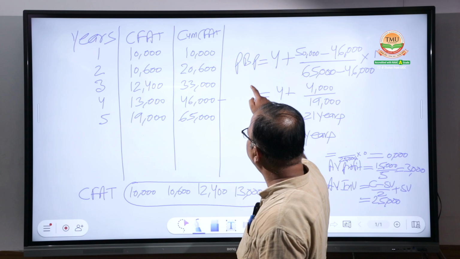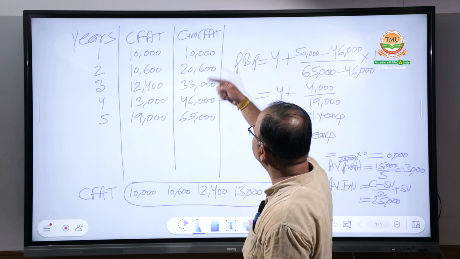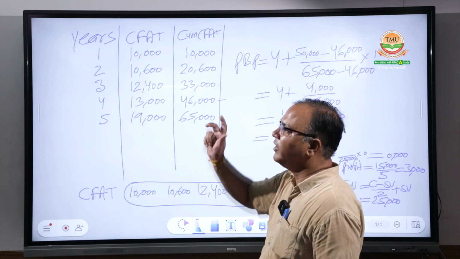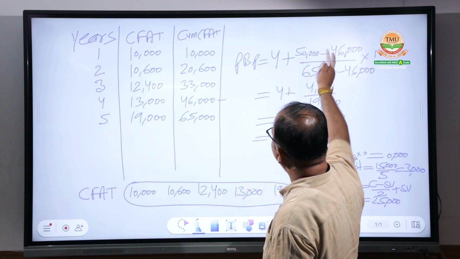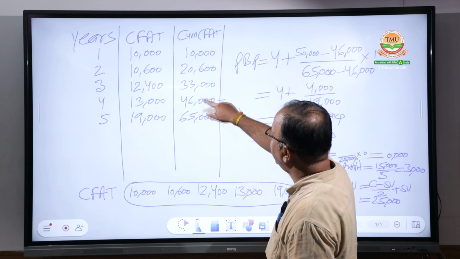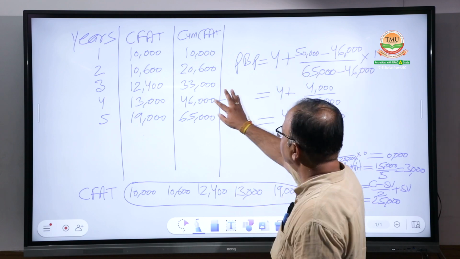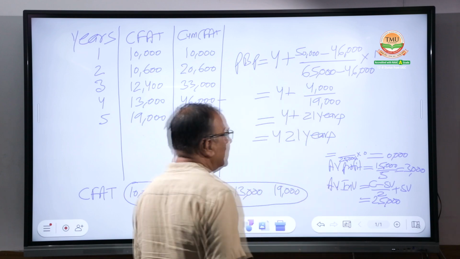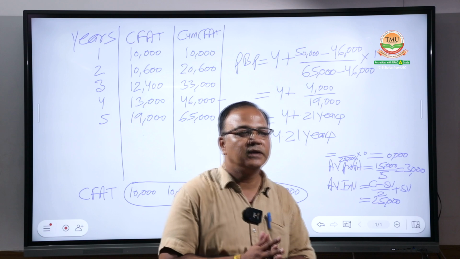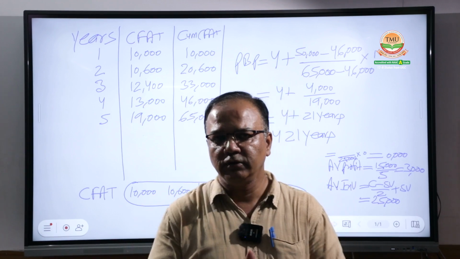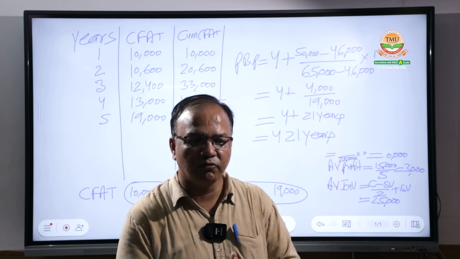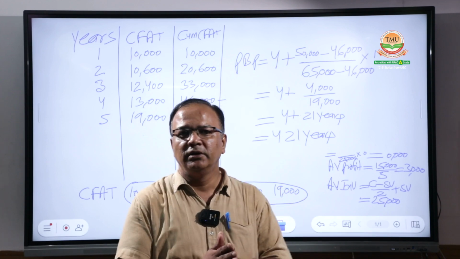So we write the formula: the preceding year 4 plus amount of investment 50,000 minus amount recovered 46,000 by 65,000 minus 46,000 into 1. Then the duration of the project is 4.2.